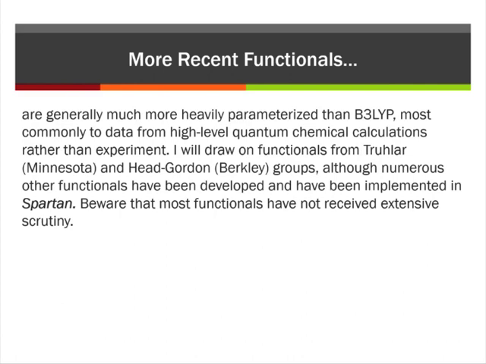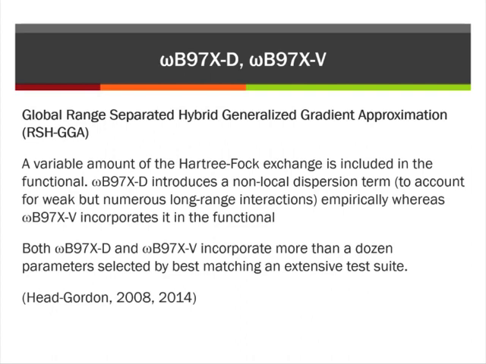There are two groups that are heavily involved. There's the group of Truhlar at Minnesota and the group of Head-Gordon at Berkeley. And there are other groups, I don't want to belittle them. The important ones here, there's a pair of them called, again, terrible names, Omega B97XD and XV. Those are called global range separated hybrid generalized gradient approximations, big names.